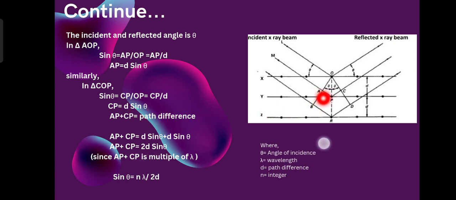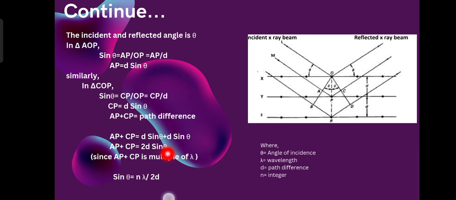And now this AP plus CP is nothing but the path difference, right? So AP plus CP, now we will add both these equations. AP is D sine theta, plus CP is also D sine theta. Now D sine theta plus D sine theta will be 2D sine theta.